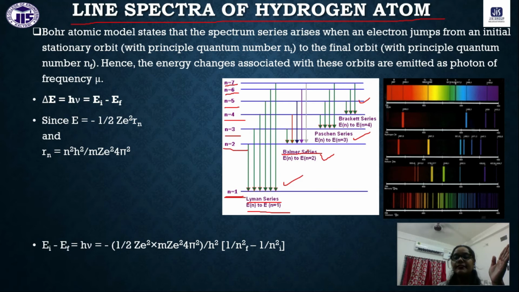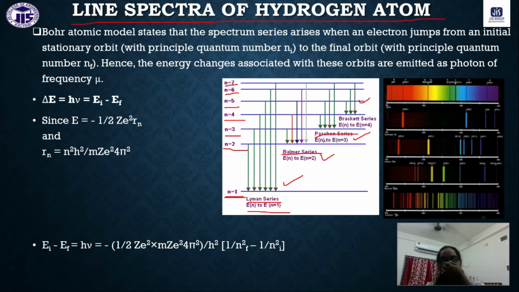So for the Lyman series, the electrons jump from any energy level to the n1 energy level. For the Balmer series, the electron jumps to the n2 orbit, from n3, 4, 5, whatever it is. Whatever spectra we get while it comes to the n2 orbit is called the Balmer series. Next we have the Paschen series.